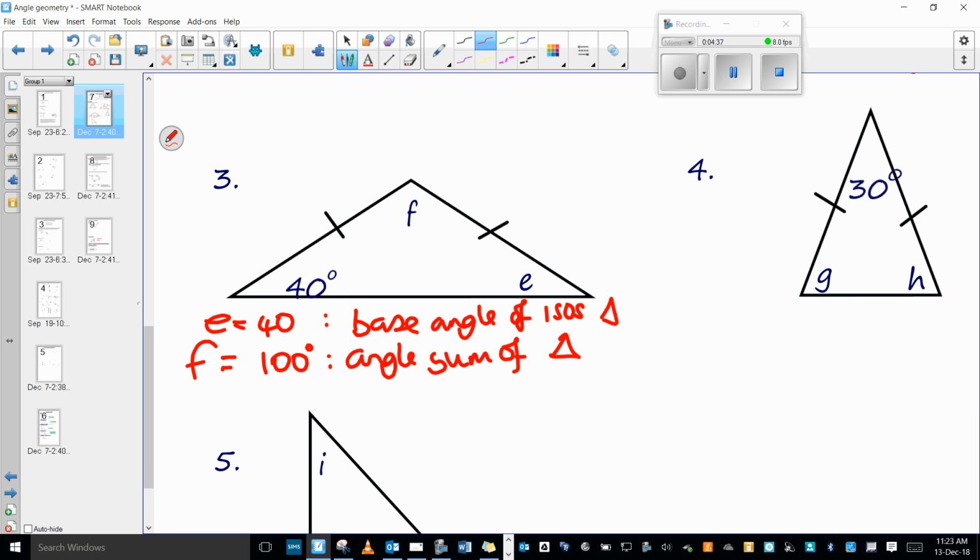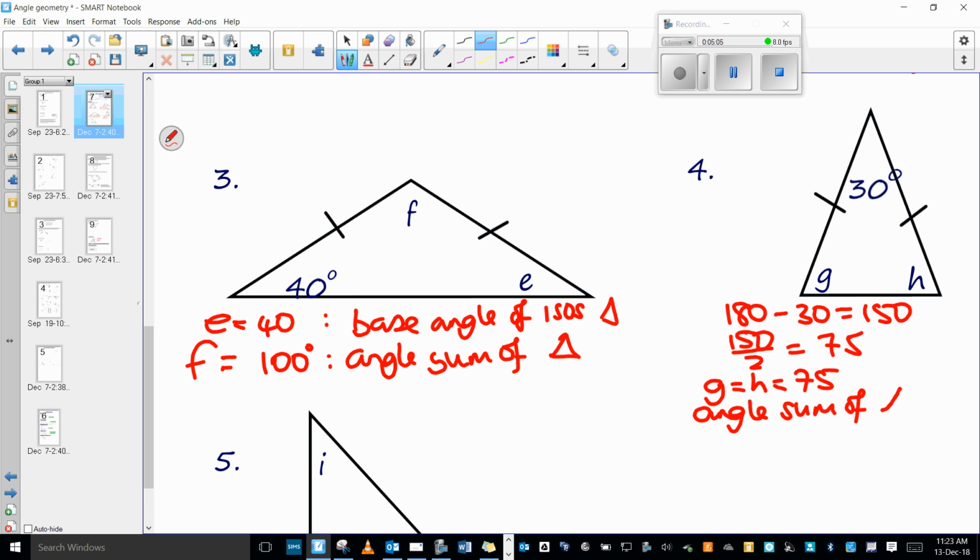If we know this top angle, G and H, 180 minus 30 and we divide by 2. But why do we divide by 2? Because the 2 angles are equal. Alright, so for both G and H, we can say G equals H, and they both equal 75, and the reason would be angle sum of triangle, but also the base angles from an isosceles triangle.